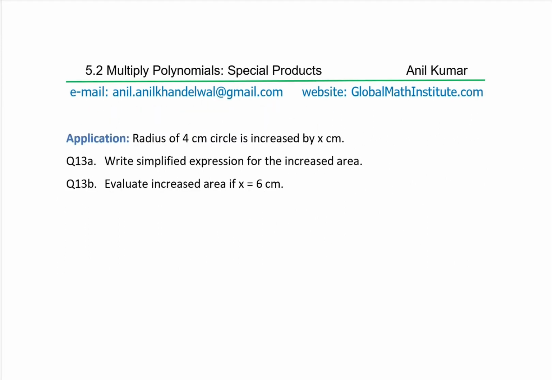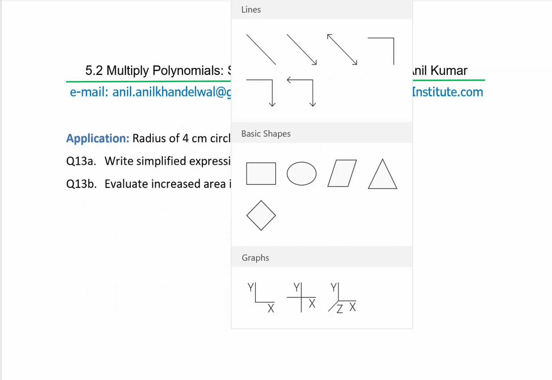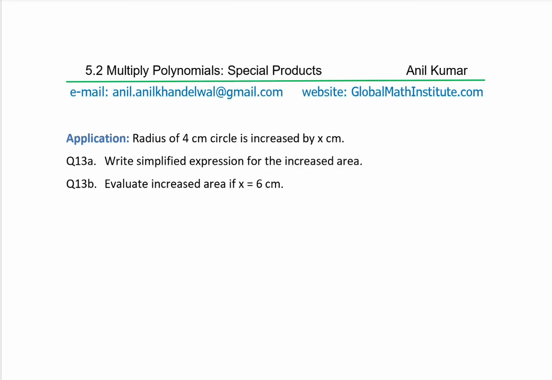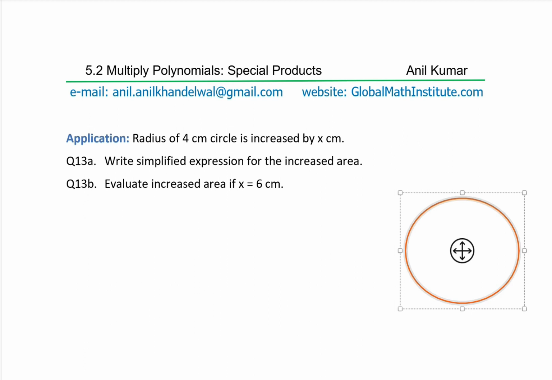Now here is an application question which says the radius of a 4 centimeter circle is increased by x centimeters. So we are increasing the radius by x centimeters. Now, how do we do this question? Okay, so we have two circles. Let's say we have a circle here, and then the other one, which is the increased circle.